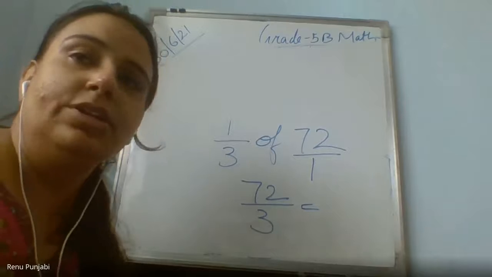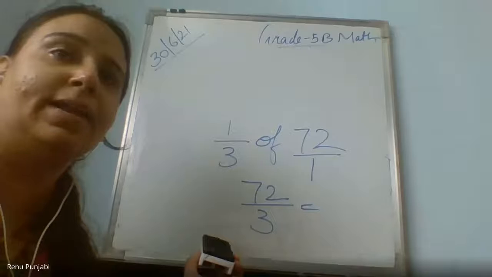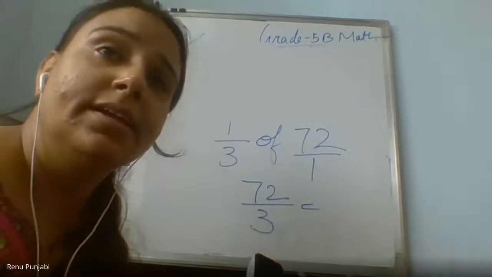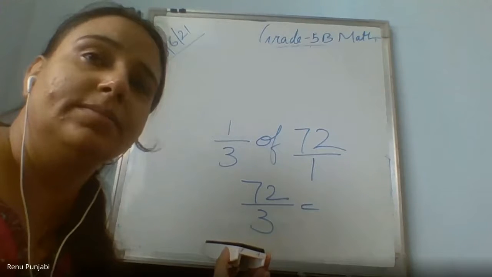Okay? Children, are you all clear how to divide this? Is there any difficulty to any child? Ma'am, I'm not facing anything. I didn't understand it. Have you completed this worksheet, Anushka?